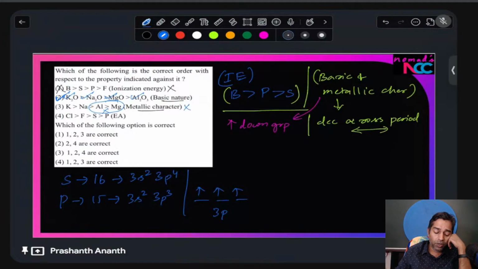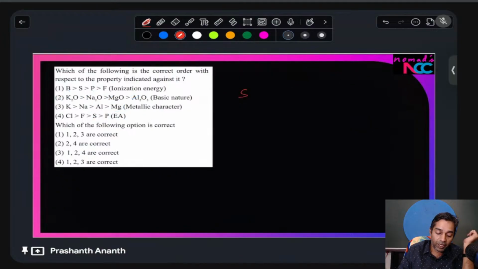Next up, chlorine, fluorine, sulfur and phosphorus. Electron gain enthalpy is what is asked over here, or you can think of it as electron affinity. So in this scenario, it is going to work in the reverse manner. I'm checking option 4 here, the sulfur and phosphorus comparison.